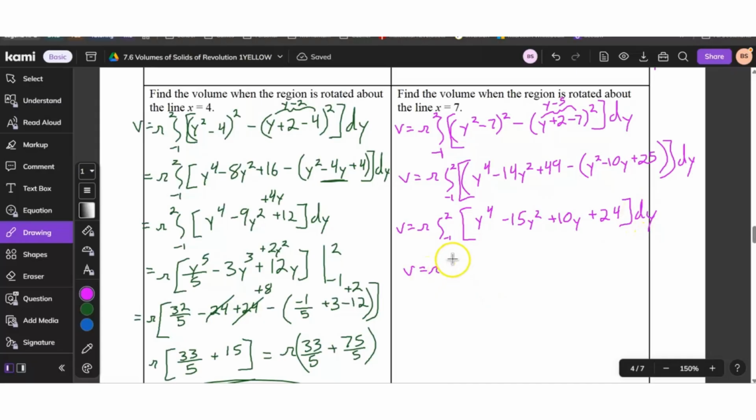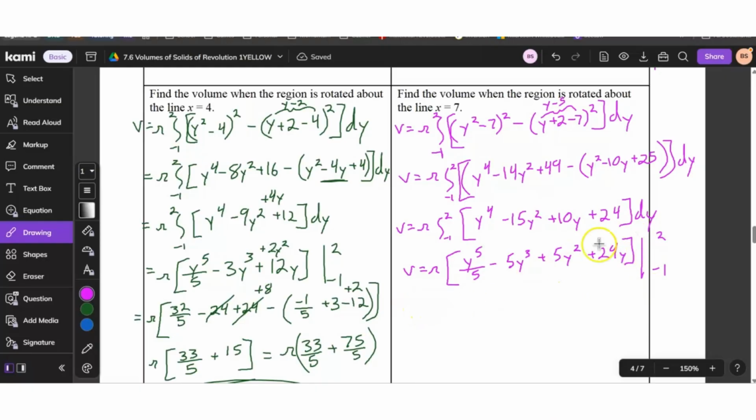So once we integrate, y to the 5 over 5, minus 15y cubed over 3, which is 5y cubed, plus 10y squared over 2, which is 5y squared, plus 24y. Evaluated from 2 to negative 1.